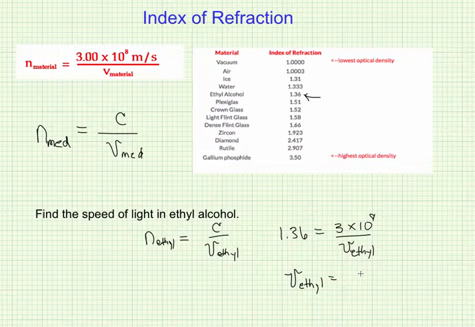And that gives me 2.205, so I'm going to round it to 3 significant figures, 2.21 times 10 to the 8th meters per second. Now just a word of caution. If you ever get a speed greater than 3 times 10 to the 8th, you have a math error. 3 times 10 to the 8th is the largest value that we can have.